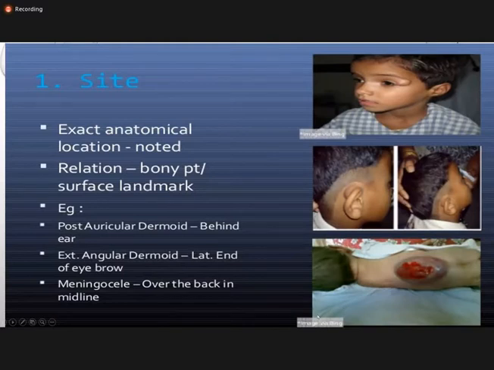Meningocele. Who is this? Muhammad Shah. Meningocele. How would you tell me the exact site, with the anatomical position, where this meningocele is located? Obviously in the midline. Okay, in the lower back, in the midline.